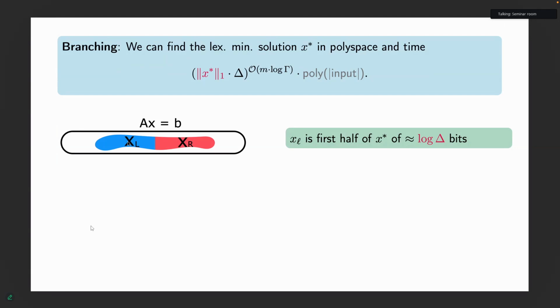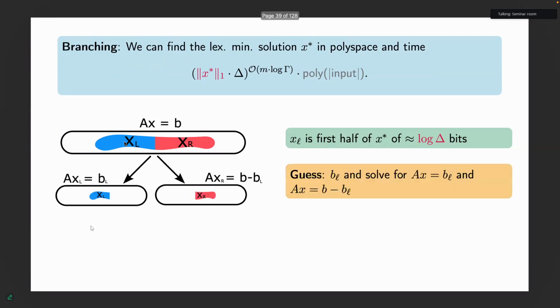It will still be of order delta. And I will branch into left and right side. The left side will have the property that there exists a solution that has only the left bits of your solution, and the right-hand side will have the right bits of the solution.